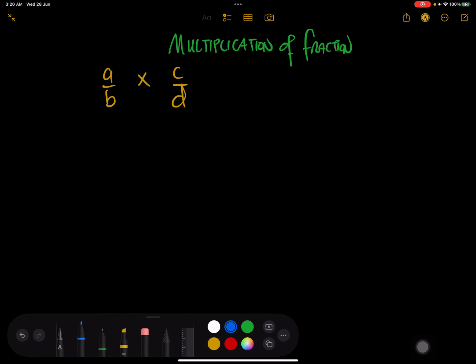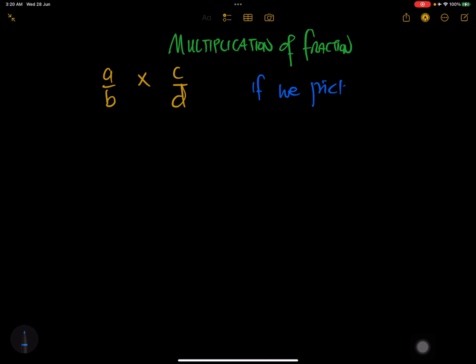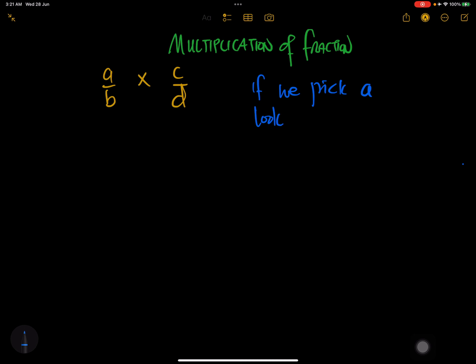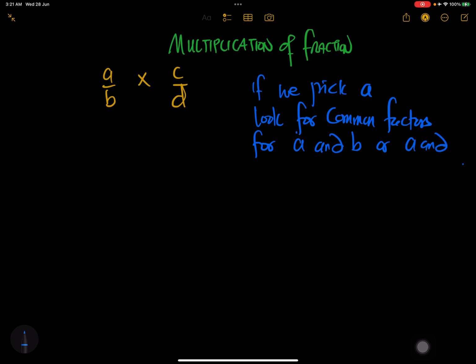If we pick A, we should be looking at whether there are common factors between A and B, or between A and C, or A and D.